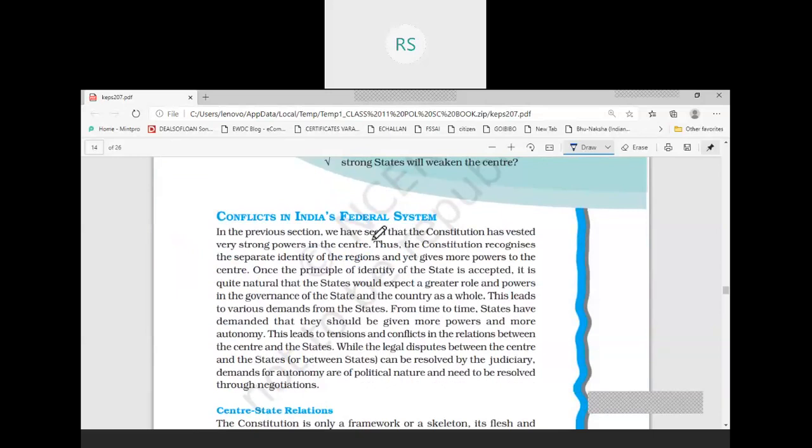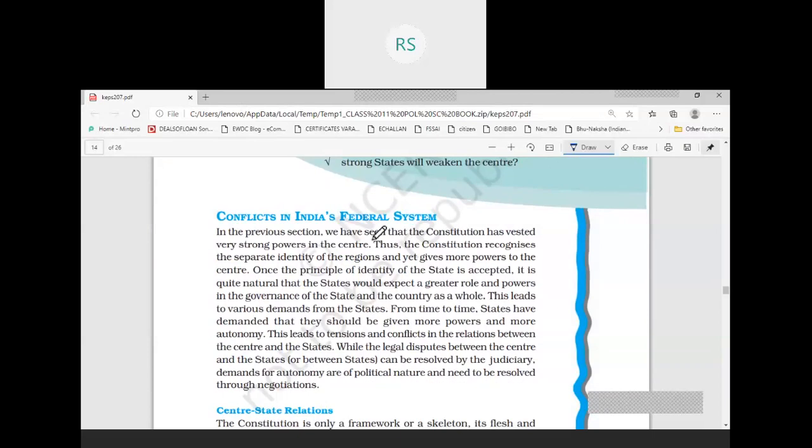So this situation will naturally lead to conflict, because if you are accepting the identity, if you are giving recognition to the separate identity of the state, then the state will expect a greater role. They will expect more power in the governance of the state as well as in the governance of the country.